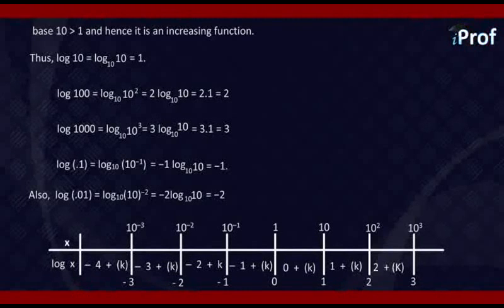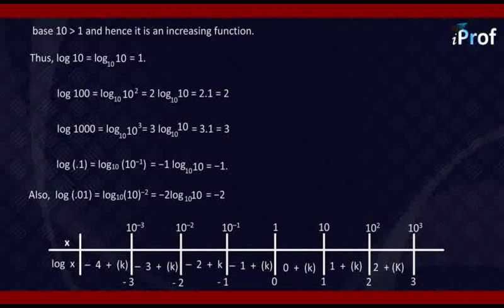between 0 and 1. Thus, when it lies between 10 raised to the power minus 4 and 10 raised to the power minus 3, it will be minus 4 plus k, where k is the fractional part or decimal part, which will be later called as mantissa. Between 10 raised to the power minus 3 and 10 raised to the power minus 2, it will be minus 3 plus k.